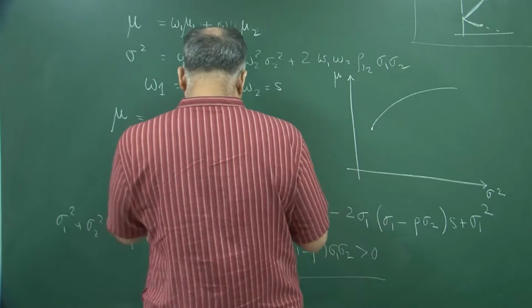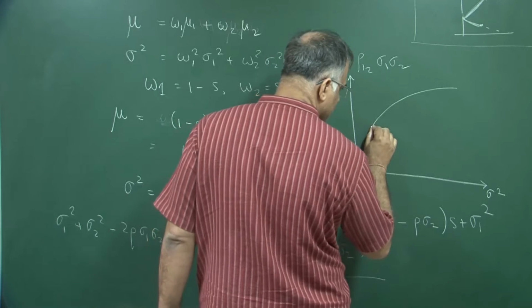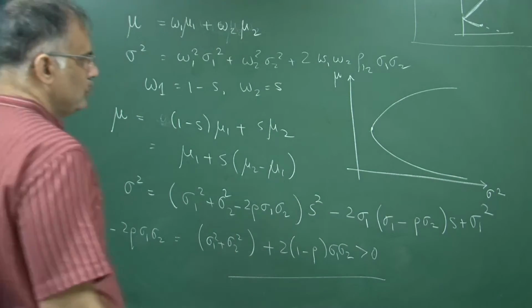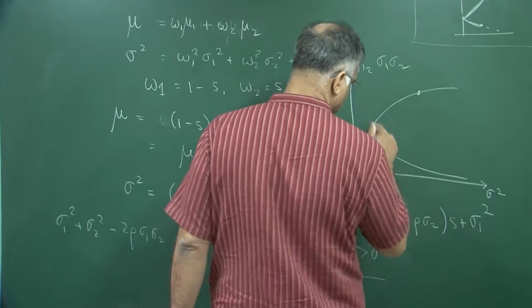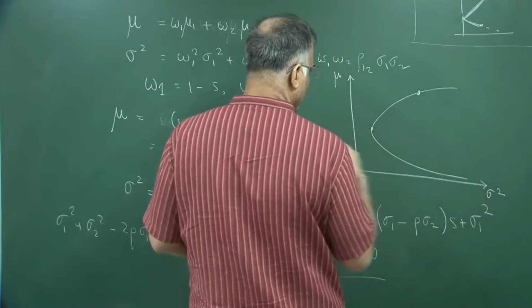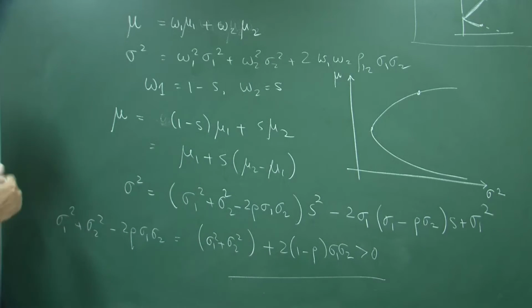And there is a part when S is negative, in that part mu decreases but sigma square increases, with some curve like this. So, mu decreases, S increases, sigma square increases. This is the point which is a turning point, where S goes from positive to negative.